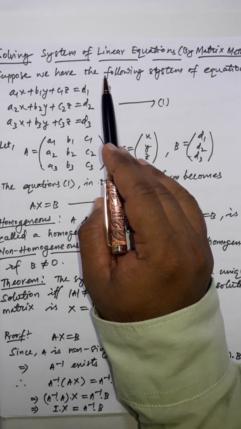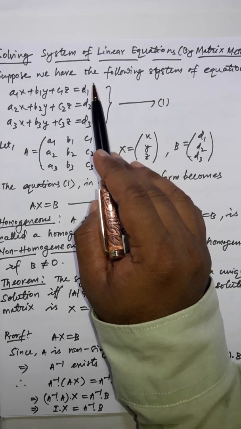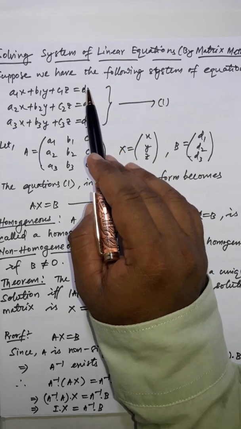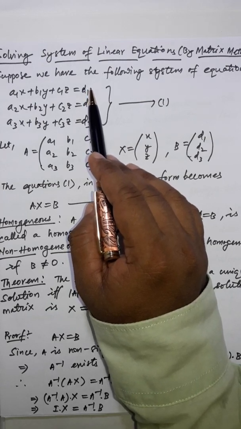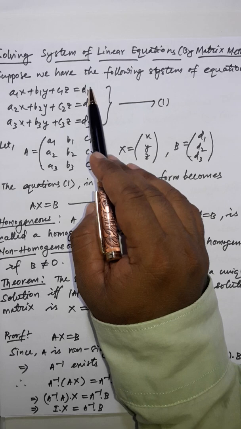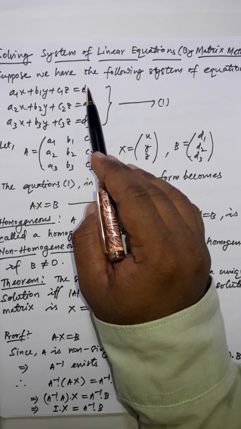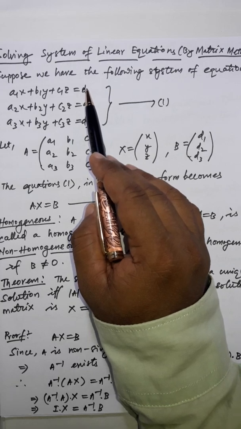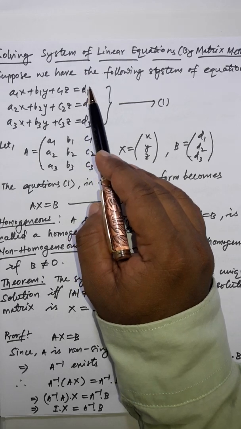And friends, linear equations means the equations where the variables, how many variables doesn't matter, but the power or degree or index of all the variables should be only 1. If there is a variable in any term of that equation, then the power of that variable should be 1, not greater than 1 or less than 1.